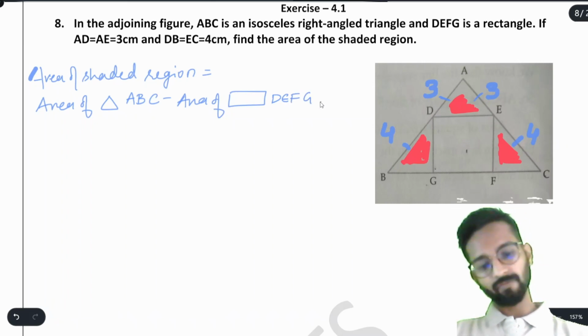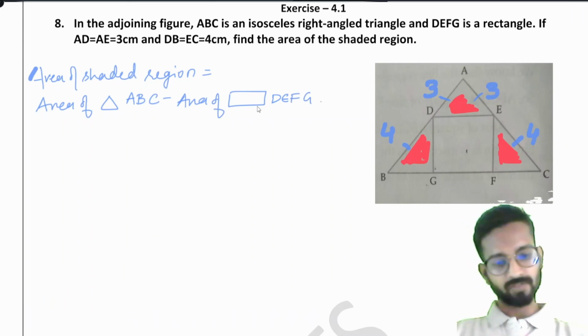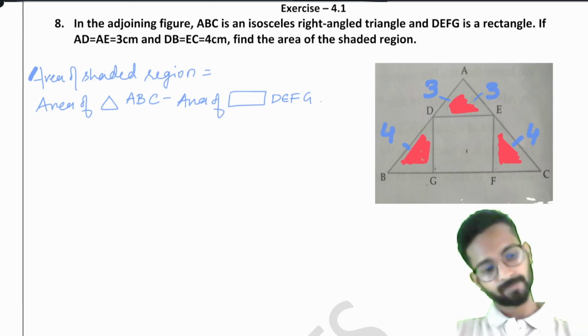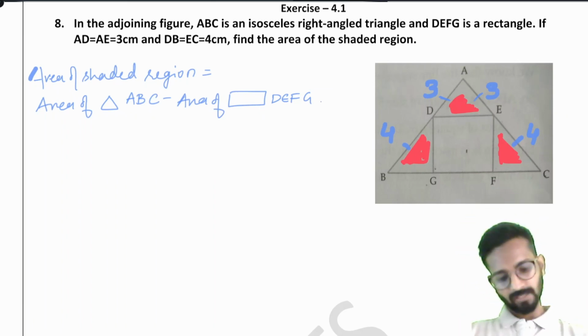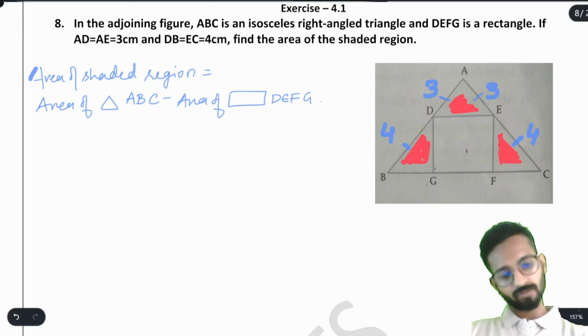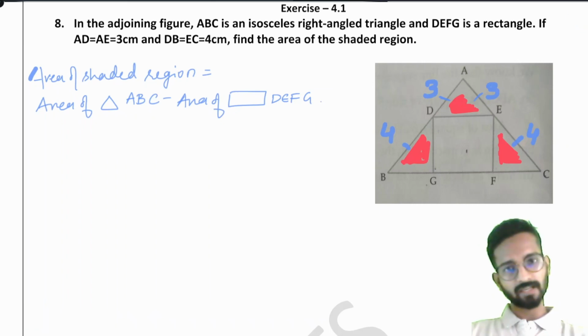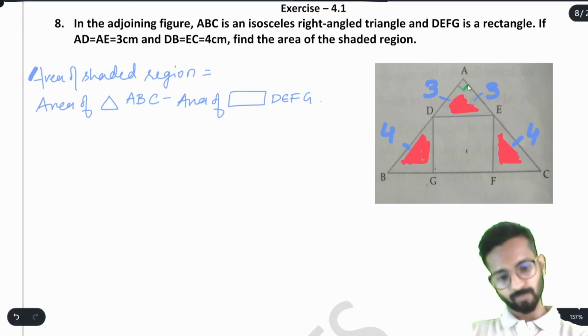Okay, area of ABC and area of DEFG. Now understand how we will proceed. First, understand this part, that ABC is an isosceles triangle. Isosceles triangle forms 90 degree with the equal sides. So understand this point here is your 90 degree point.